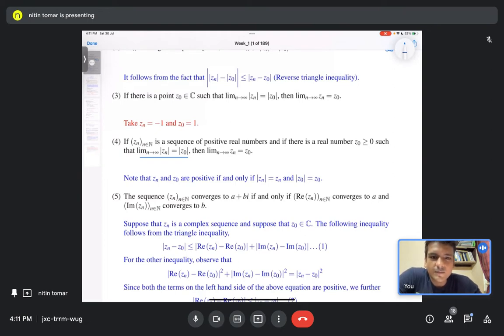This is easy, because if Zn and Z naught are positive, then their moduli are equal, so there is nothing to prove. Without any effort, one can see it is true, because in this case mod Zn is precisely Zn, and mod Z naught is precisely Z naught. So the fourth statement is true.